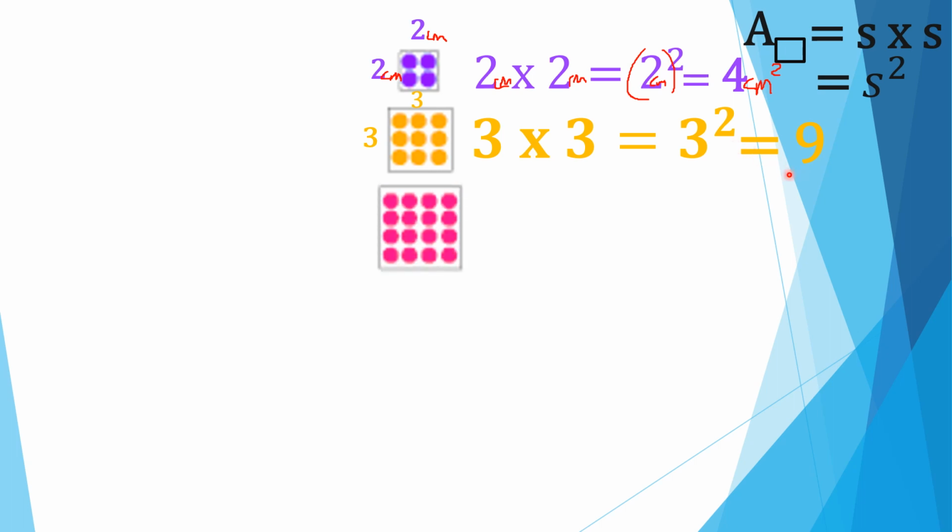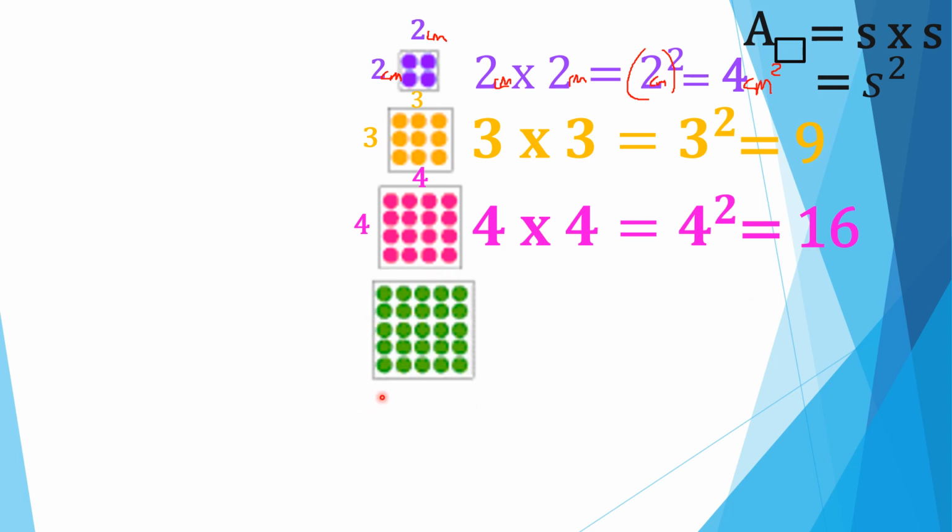Next example. This is 4 by 4. So let us multiply. 4 times 4 is equal to 4 squared. 4 squared is equal to 16.